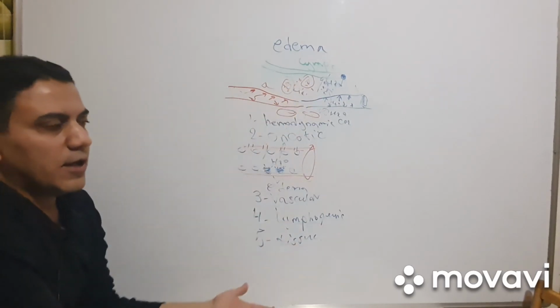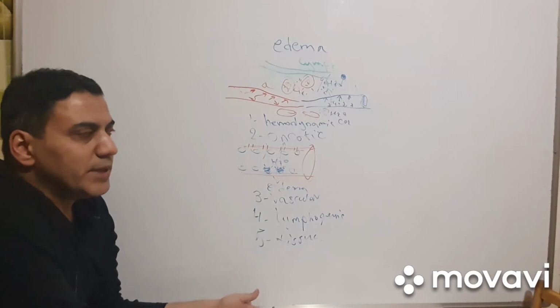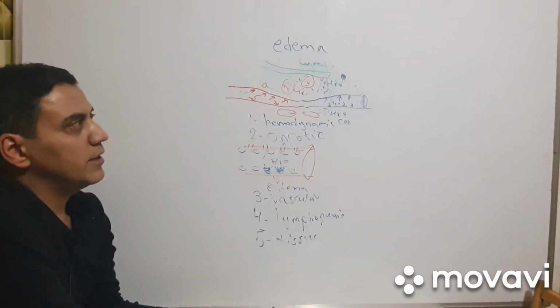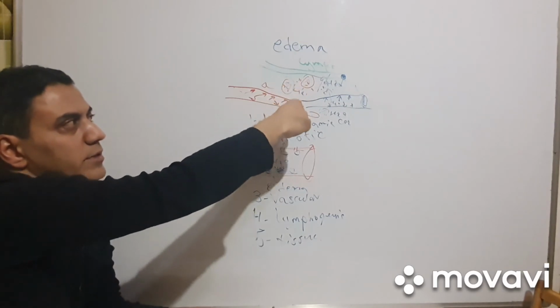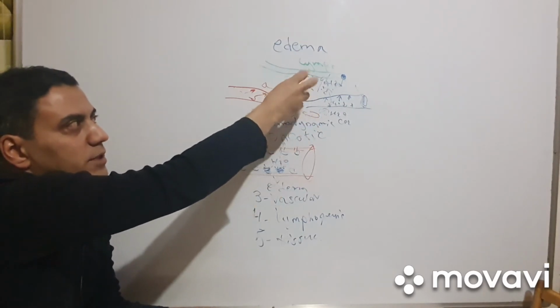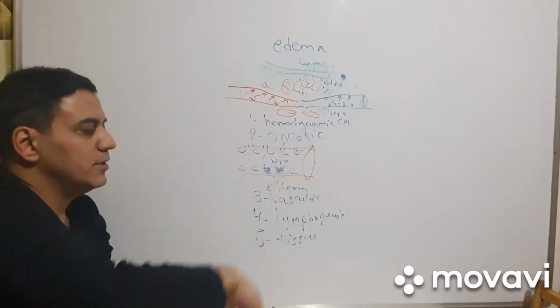For example, avitaminosis, vitamin B1, vitamin PP. In case of primary tissue damage, for example, trauma in tissue, these cells will also be damaged and substances will be accumulated here and attract water.